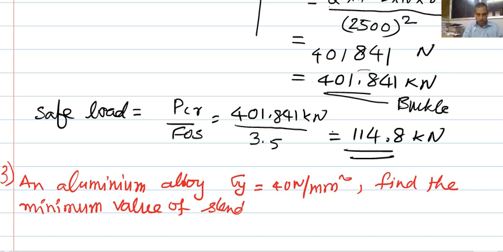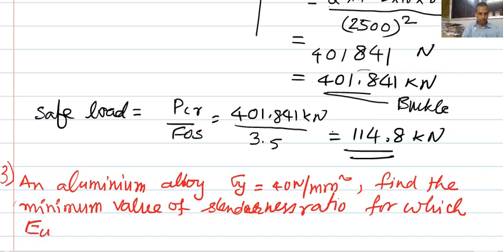The minimum value of slenderness ratio for which Euler's equation can be applied.